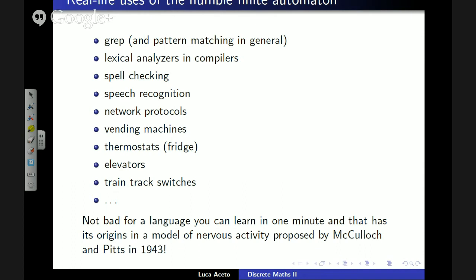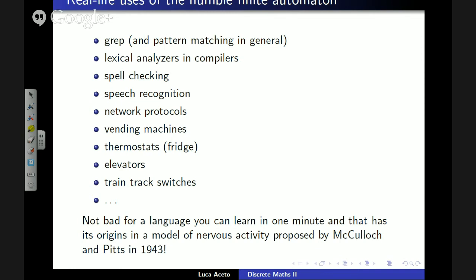Now, the great thing, and I think this shows why you should be curious about just anything that happens around you, because you never know, it could be useful for you at some point in your future life. DFAs are actually an abstraction of something that was proposed by two neuroscientists, McCulloch and Pitts, in 1943.